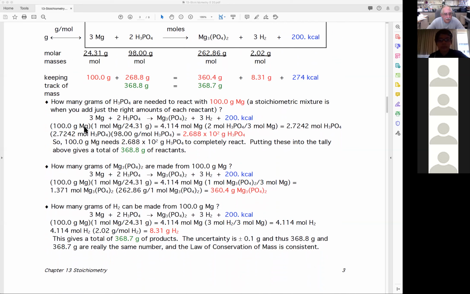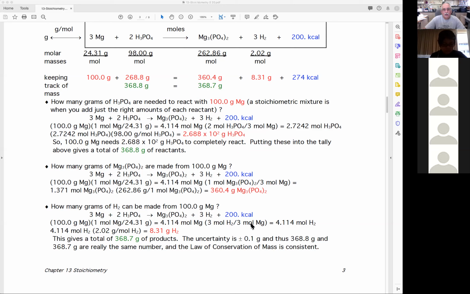So here's grams of magnesium into moles of magnesium, and then into, wait, am I doing that right? No, down here. Moles of magnesium, and then into moles of magnesium phosphate, and then finally into grams of magnesium phosphate. That's where I calculated that number right there.